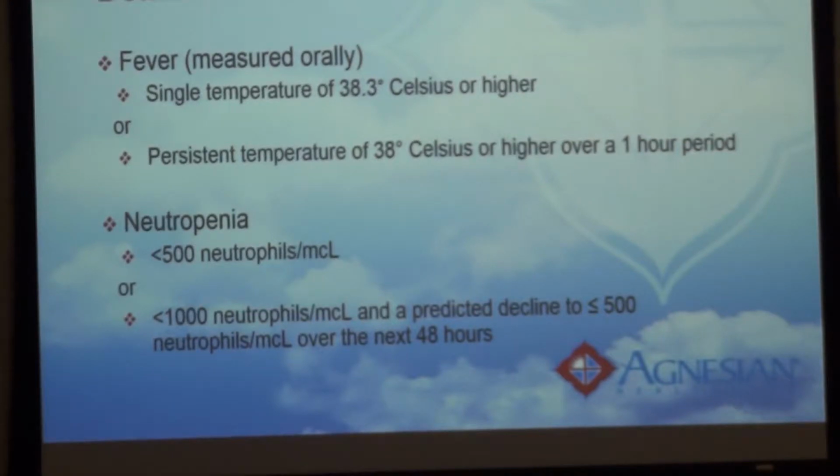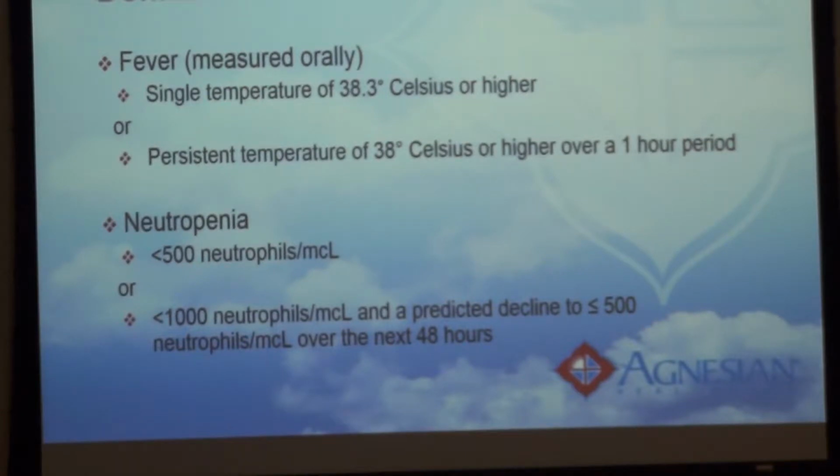Some institutions may still have slight differences, but overall, we define fever, which we like to measure orally ideally, though not always applicable, as a single temperature of 38.3 degrees Celsius or higher, so 100.4 degrees Fahrenheit as a single measurement, or 100 degrees Fahrenheit sustained over the course of an hour. We define that as a fever in those patients.